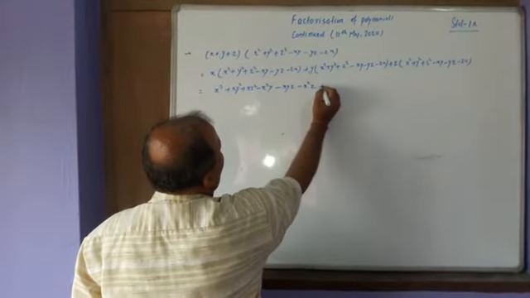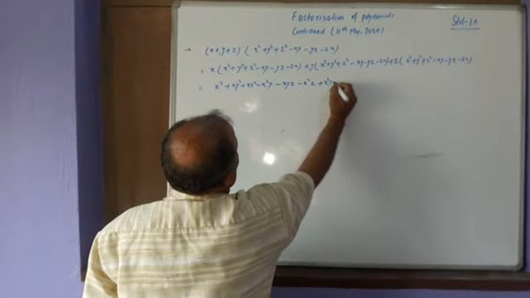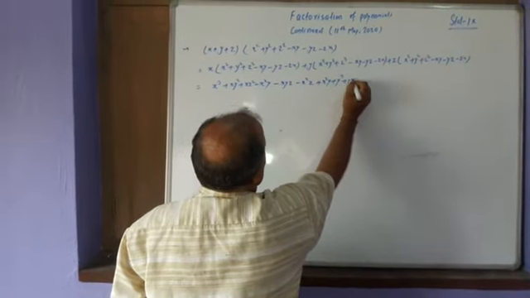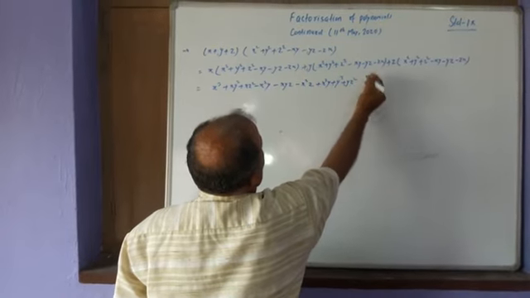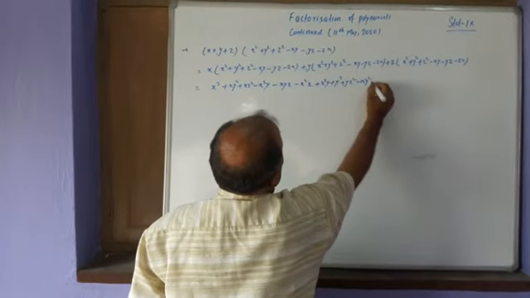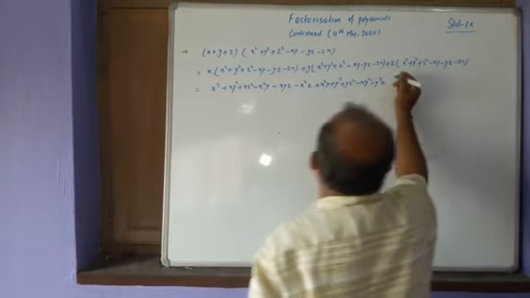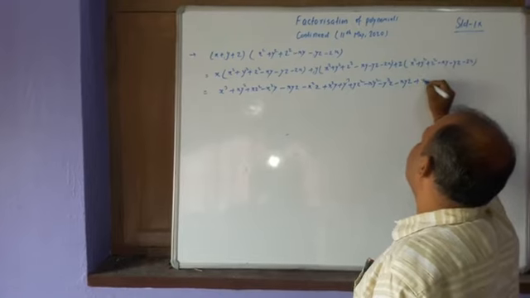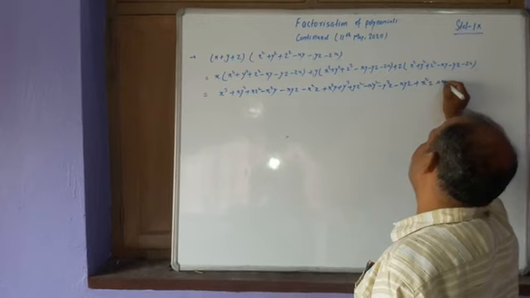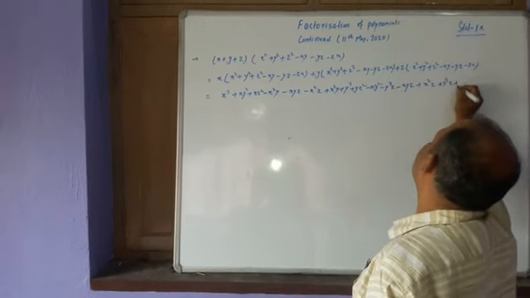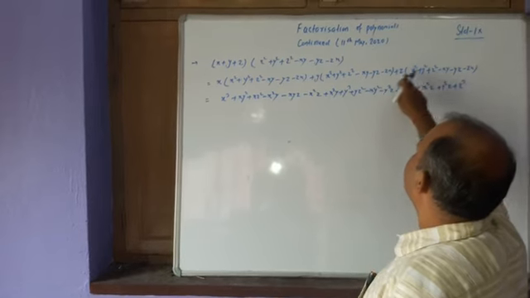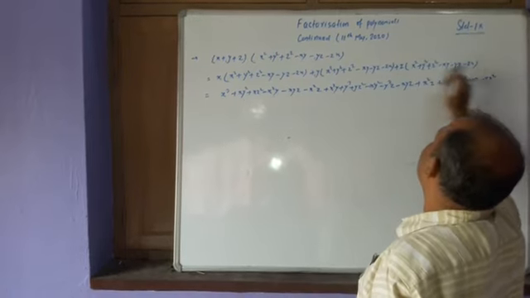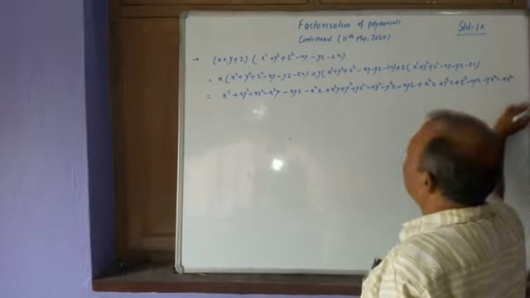Then y into x square gives x square y, y into y square gives y cube, y into z square gives yz square, y into minus xy gives minus xy square, y into minus yz gives minus y square z, y into minus zx gives minus xyz. Again, z into x square gives x square z, z into y square gives y square z, z into z square gives z cube, z into minus xy gives minus xyz, z into minus yz gives minus yz square, z into minus zx gives minus xz square.